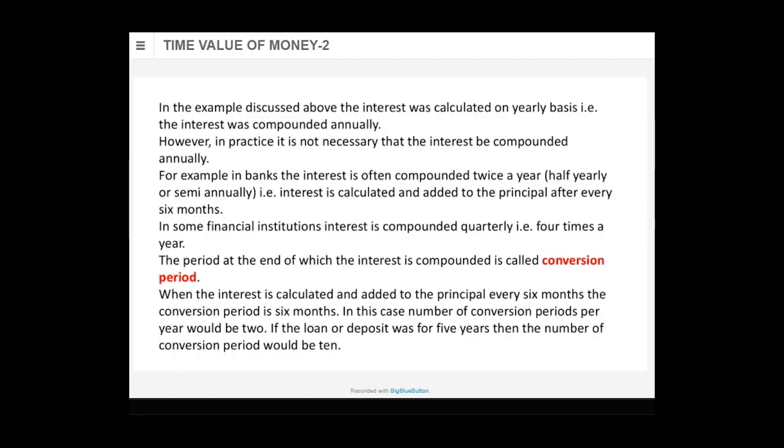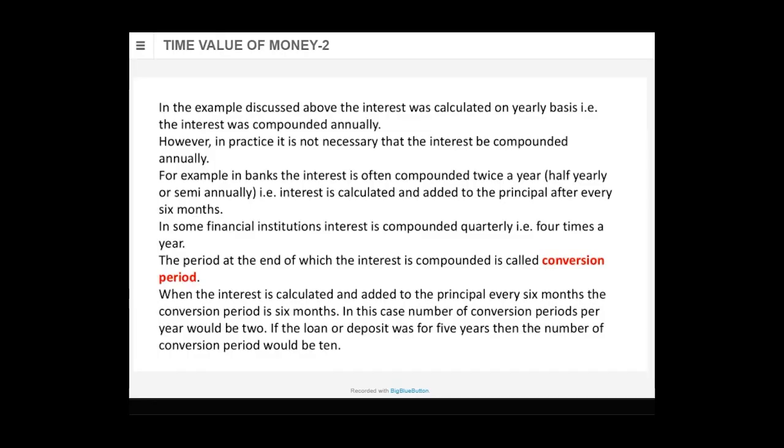In some financial institutions, interest is computed quarterly, that is 4 times a year. The period at the end of which the interest is computed is called the conversion period. If it is compounded annually, that year is my conversion period.